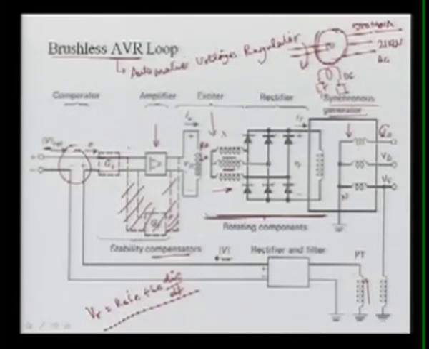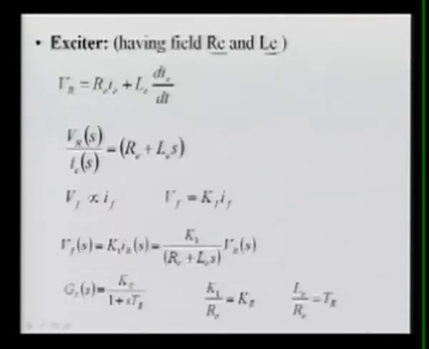For this VR we got it from the previous stage, and here we can write an equation in terms of time derivative. As I said, VR is equal to RE multiplied by the current in that excitation field, plus LE into the differentiation of the excitation current, the field current here, divided by dt.